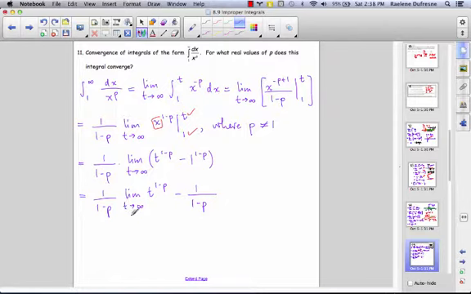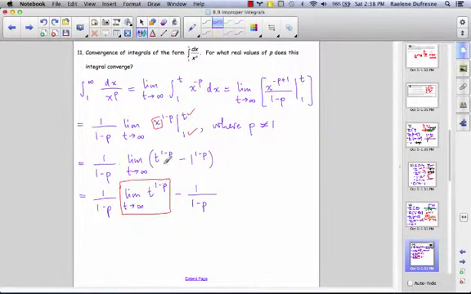And now we need to focus on this limit. Well, let's think graphically about this piece. If we consider different values of p, if p is a positive number but greater than 1, then this exponent is going to be a negative number.